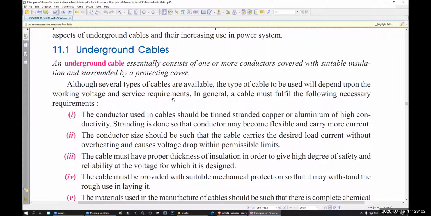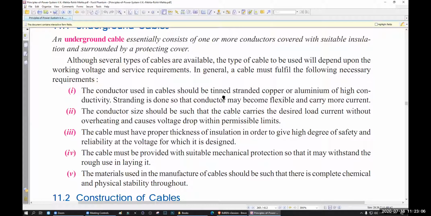In general, a cable must fulfill the following necessary requirements. The conductor used in cable should be tinned, stranded copper or aluminum of high conductivity, and stranding is done so that the conductor may become flexible and carry more current. Stranding means multiple conductors twisted together.